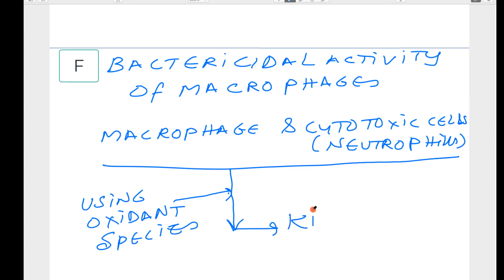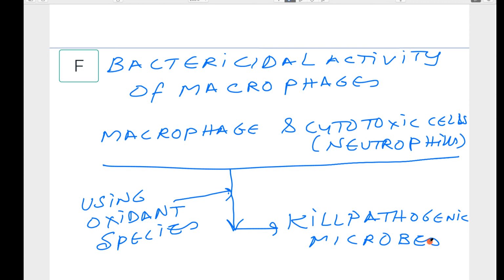They kill pathogenic microbes. Bactericidal activity is a protective mechanism. Whenever they are attacked by a pathogenic organism, it has to be killed. This is done by using the free radicals, oxidant species.